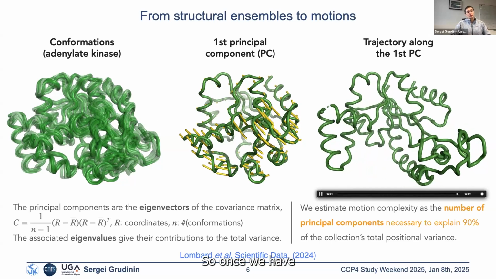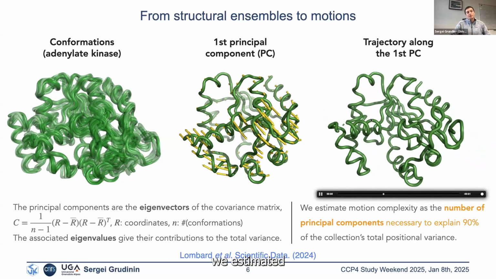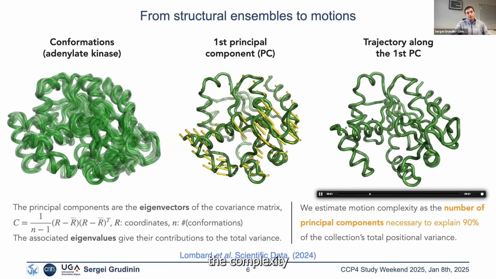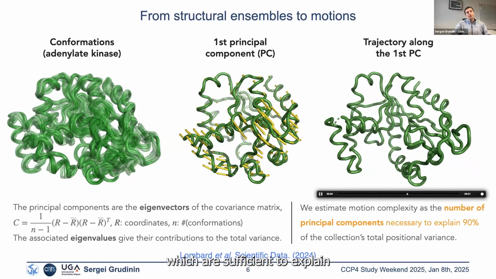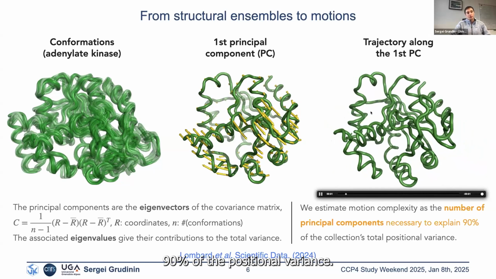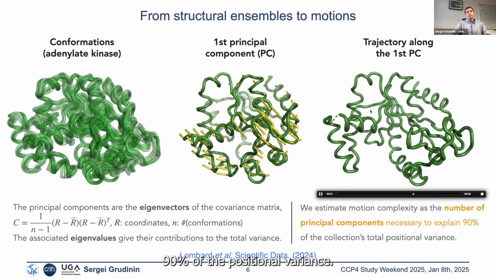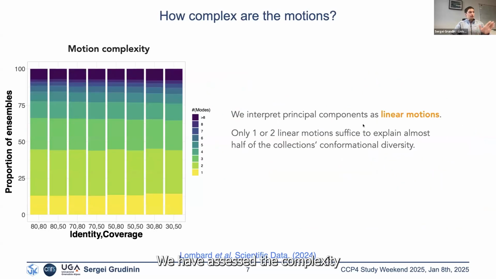Once we have extracted the linear motions, we estimated their complexity using the number of components which are sufficient to explain 90% of the positional variance. We have assessed the complexity on multiple levels of the sequence identity and sequence coverage.